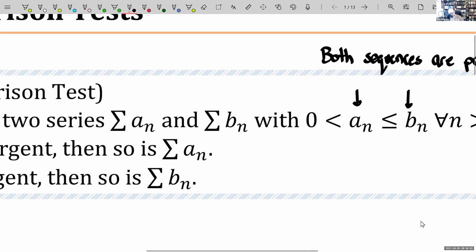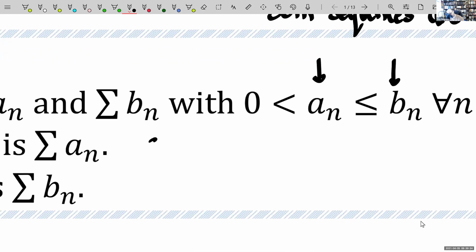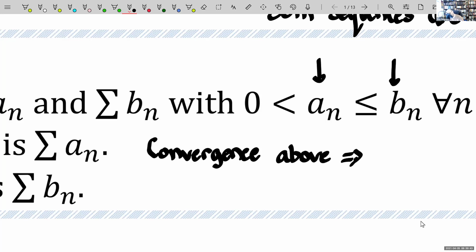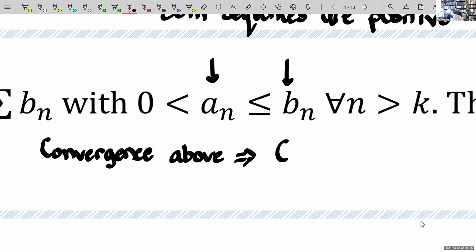The summary of this really is this: convergence above implies convergence below. And I wrote it that way when we did the integral comparison test.